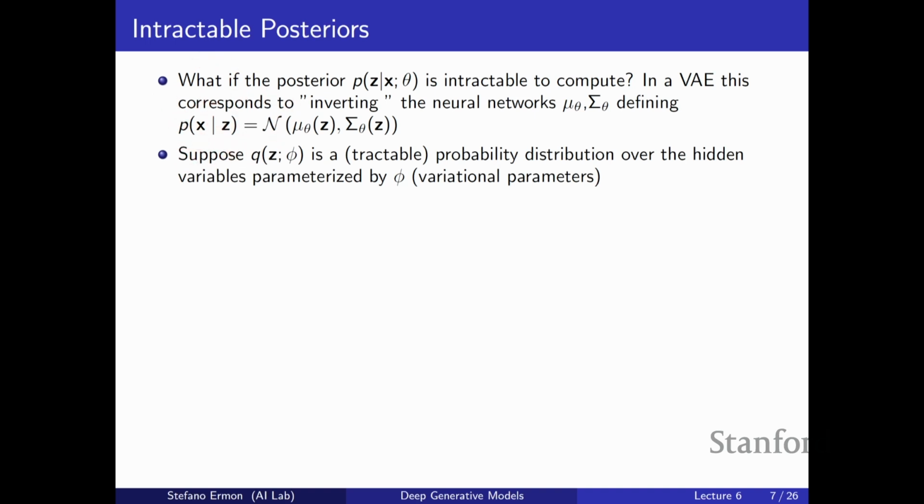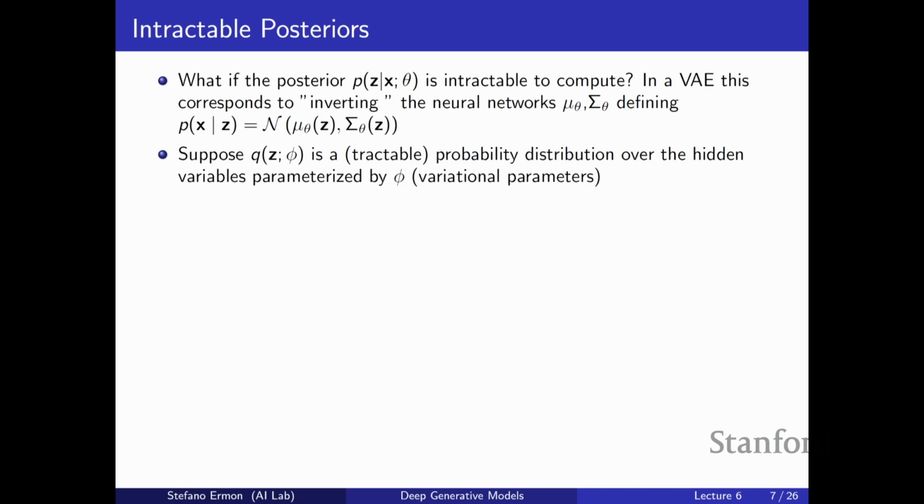In general, that's going to be tricky. And so instead, we're going to define a family of distributions over the latent variables, which are parameterized by a set of parameters phi, the variational parameters. And then we're going to jointly optimize both the Q and the P to maximize the ELBO.